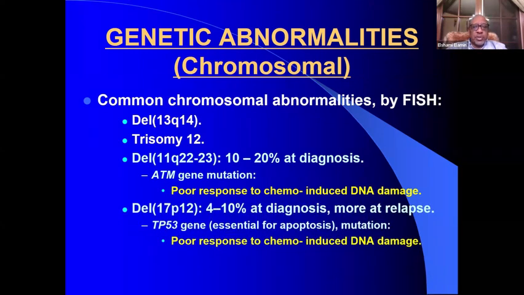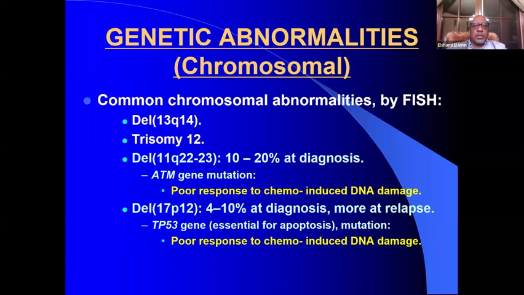Deletion 17p is also present in 5 to 10% at diagnosis, and it could also be acquired at relapse. It leads to loss of the TP53 gene, which is essential for apoptosis. So if this gene is not functioning properly, mutated, then the cells lose the ability to enter the apoptosis process, so they don't die, they accumulate.